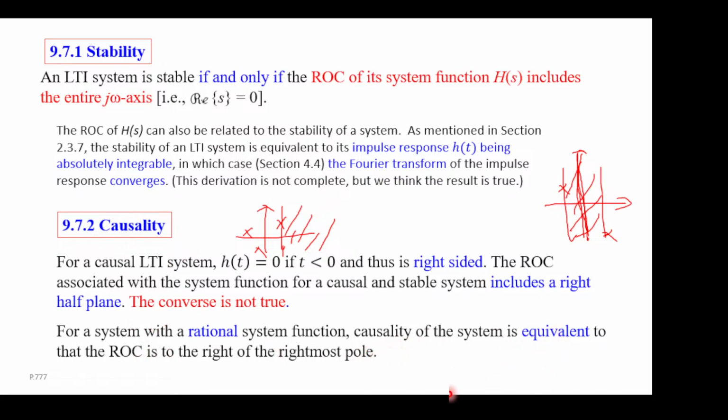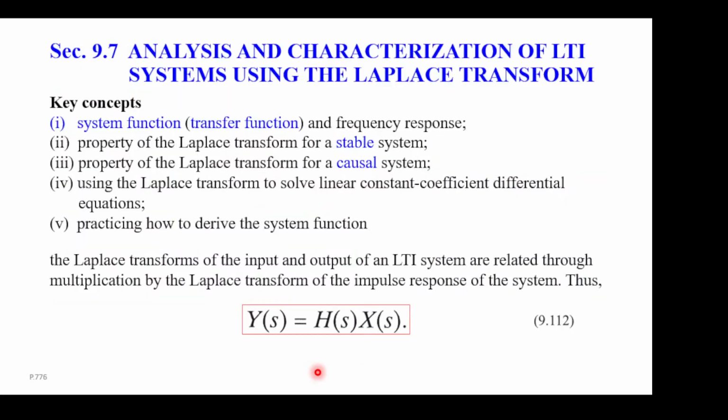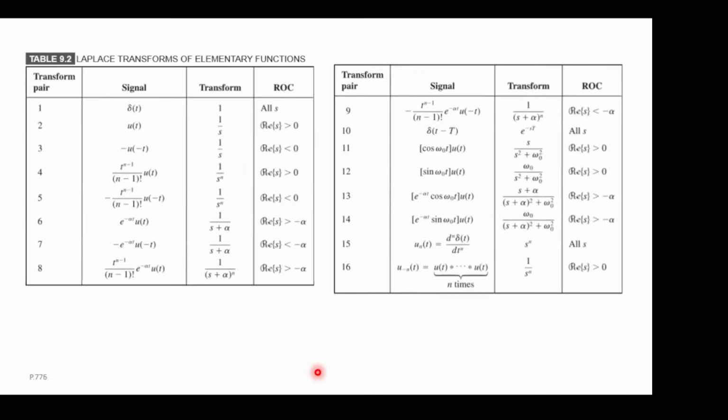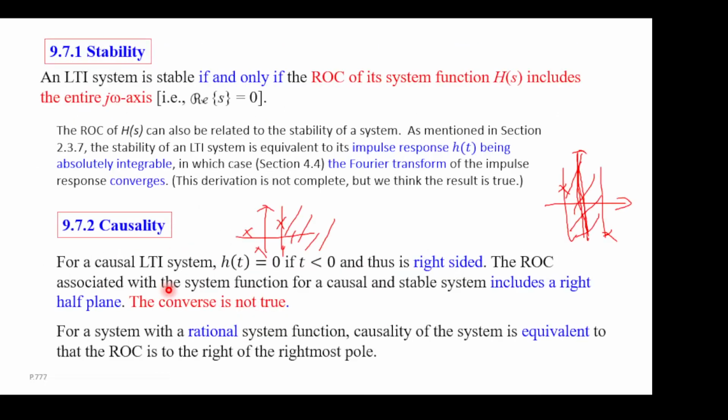We don't have the derivation here, but you can see it easily from the inverse Laplace transform of a rational system. You break it into partial fractions, and if you pick everything to the right-hand side, then every term will have a u of t, so your system will be causal.